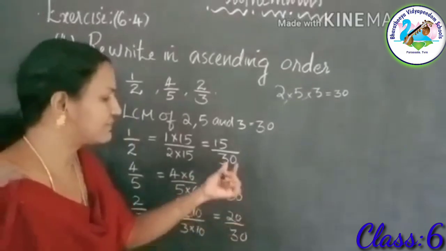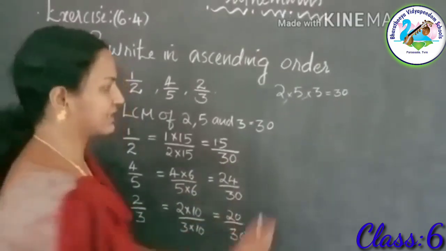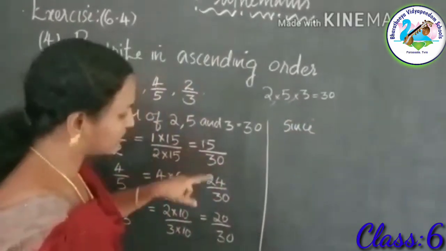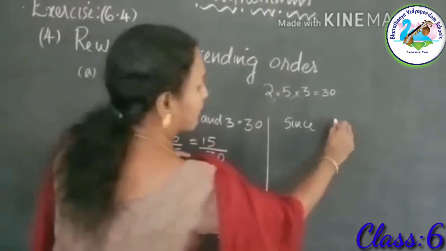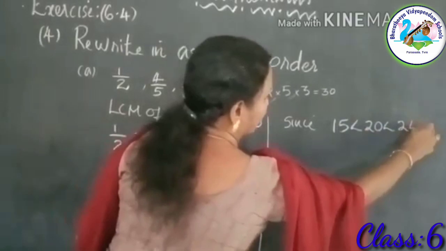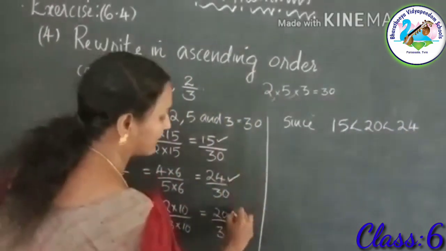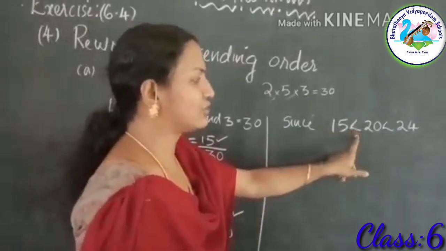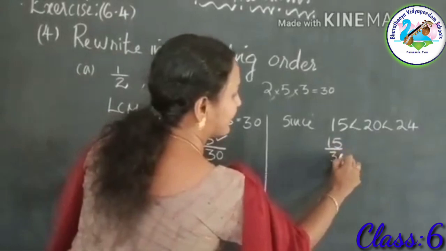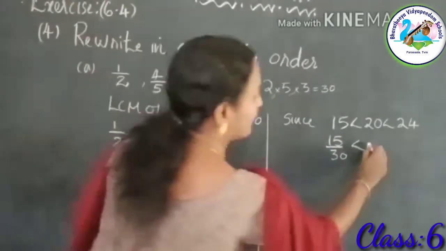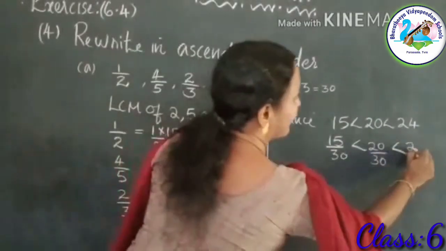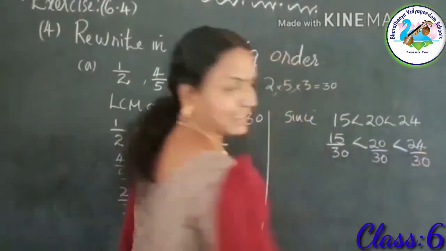Now the denominators are the same, 30, 30, 30. Comparing the numerators 15, 24 and 20, 15 is less than 20, less than 24. So 15 by 30 is less than 20 by 30, is less than 24 by 30.